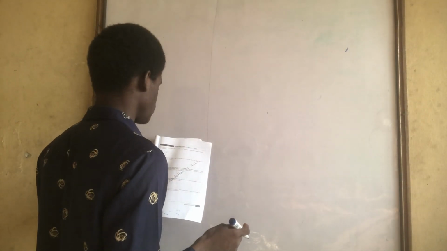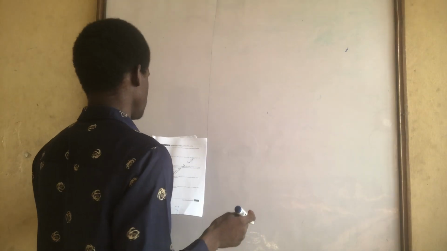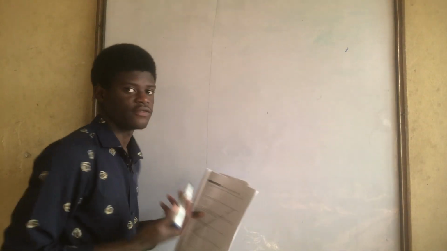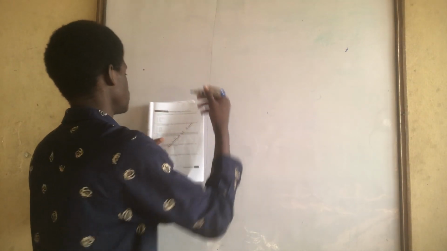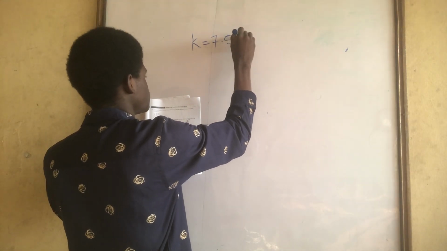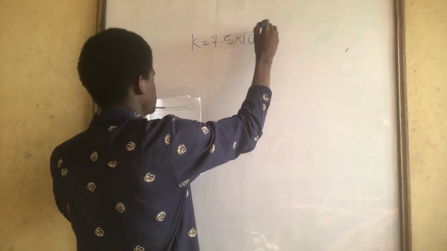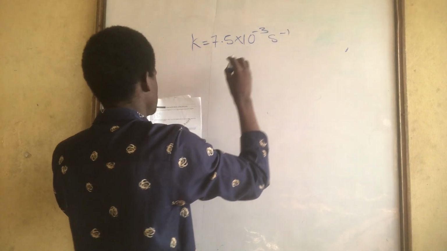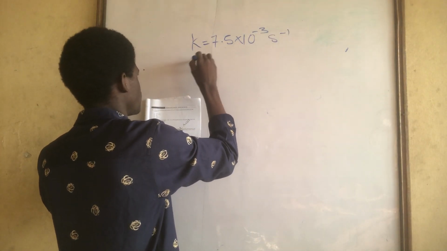So question 29. It said a first order reaction has a rate constant of 7.5 times 10 raised to the power minus 3 per second. Here they've told us it's a first order reaction, so no need to worry. They're asking us for the time.